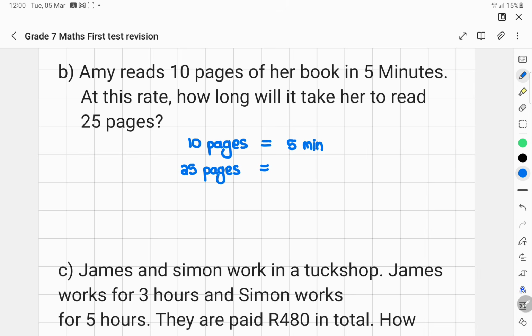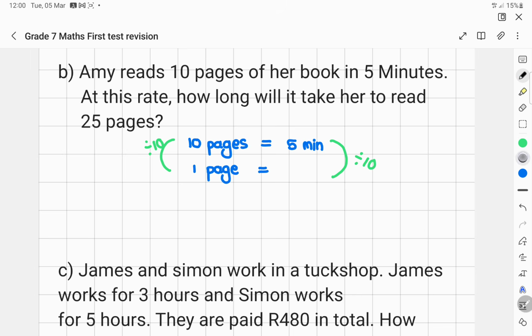Okay, so first, let's see how long it takes her per page. All right, so let's not write the 25 up as yet. In the high school, we'll somewhere do it immediately. But let's see how long it will take her per page. So how did I get from 10 to 1? I divided by 10, and what you do on the one side, you have to do on the other side.